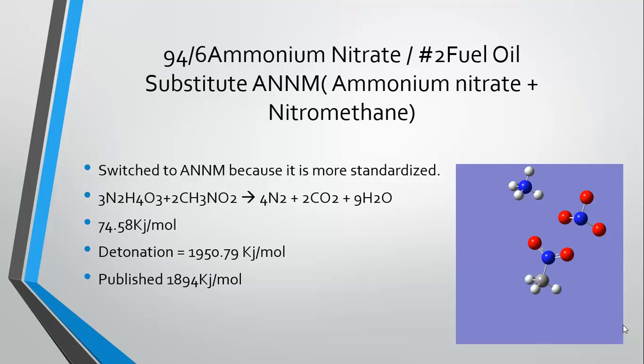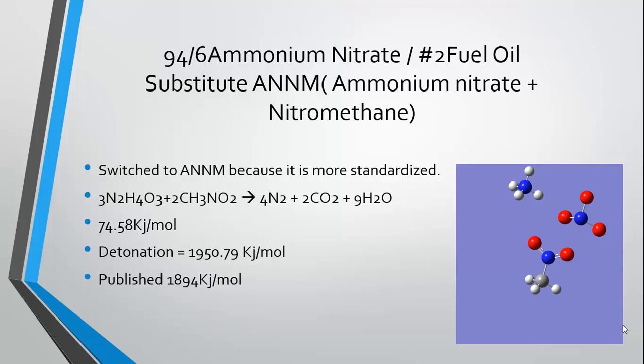Like, if you buy ammonium nitrate from a factory, it'll be made slightly different depending on the factory that it comes from. And then you also, fuel oils are different in every part of the country, or in every part of the world, and even in different parts of the United States. California fuel oil is significantly different than Texas, and that is significantly different than New Jersey. So it's very difficult to find standardized information for this one.